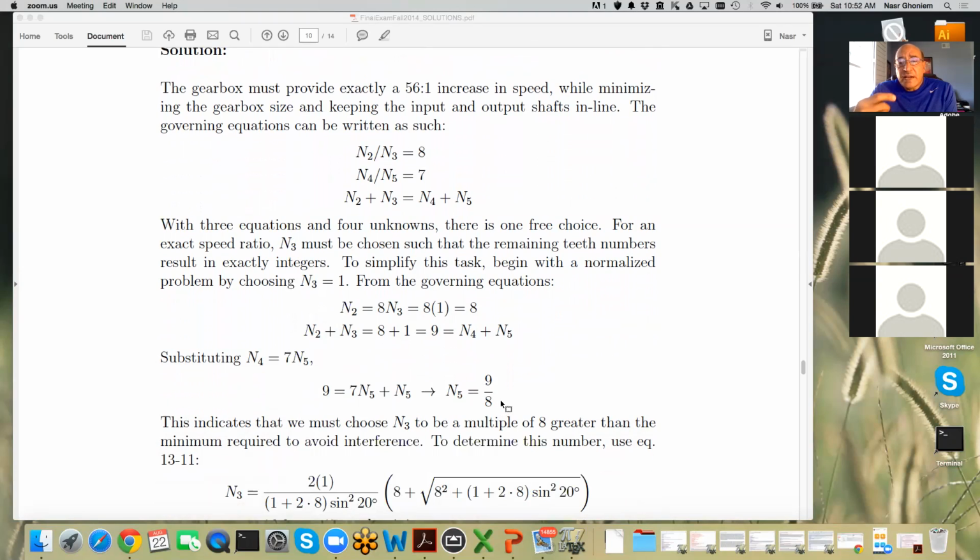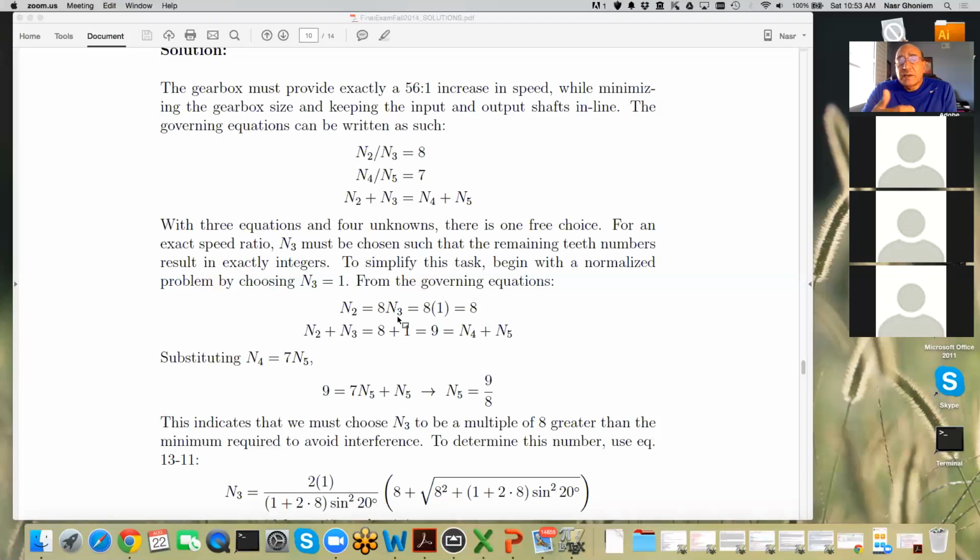So now going backwards, we know that we don't want to have any gear that is fractional. So in order for us to make N5 not fractional, the minimum multiplier would be 8. So if you multiply everything by 8, that's going to give us N5 to be an integer.